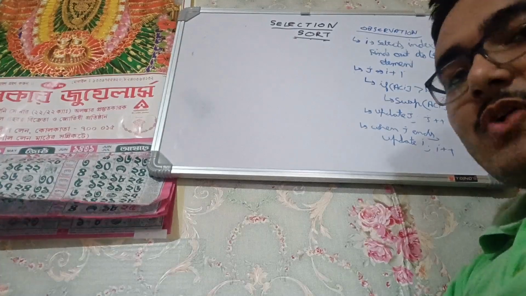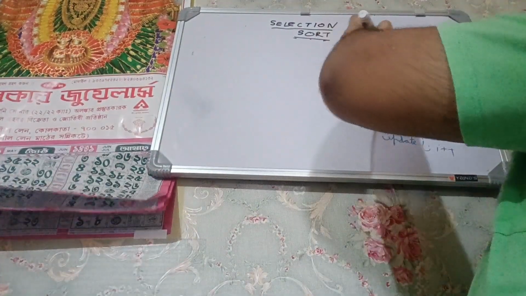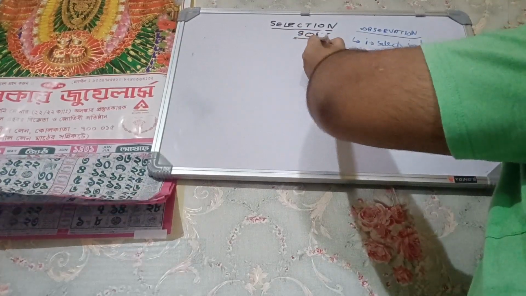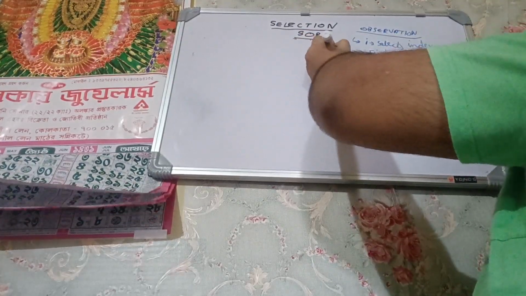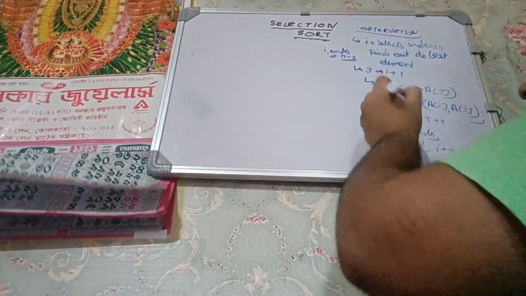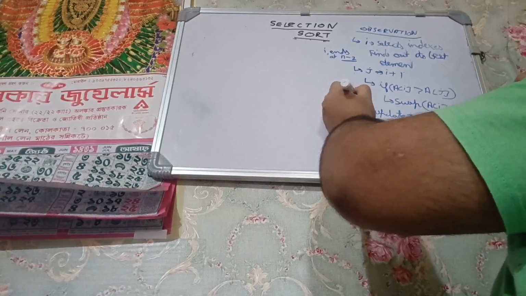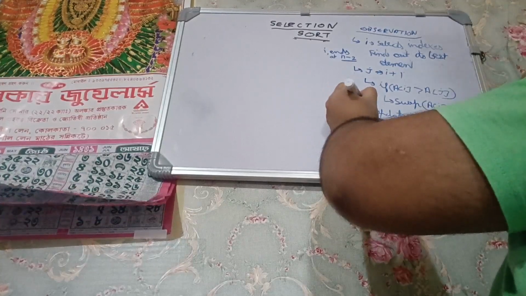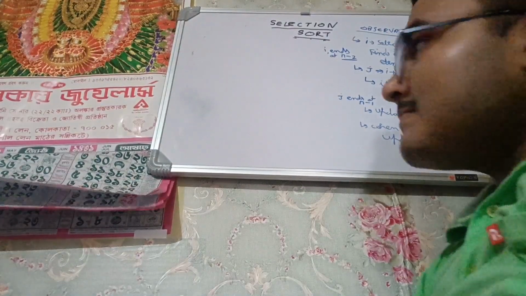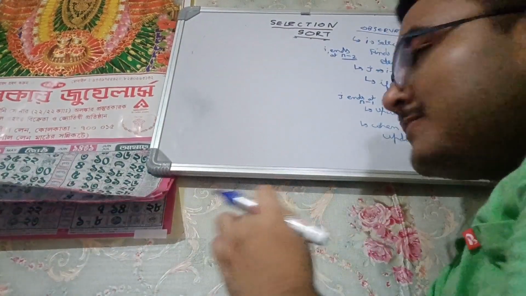That means I moves up to n minus 2. Okay, and J up to n minus 1. Yes, so looking at this observation, we can write that.